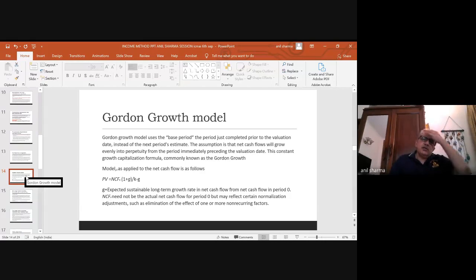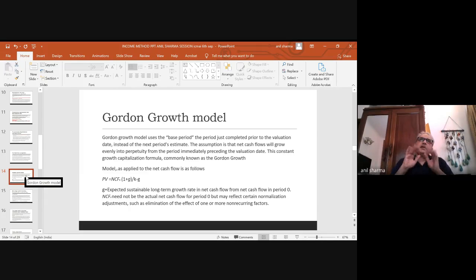So anyway, I'll again try to explain this Gordon growth model. The net cash flow of the base year in which you're doing the valuation is considered in the Gordon growth model. The growth of the business, let's say, is 4%. The discount rate is 12%. So in the denominator comes K minus G, that is, discount rate minus rate of growth.